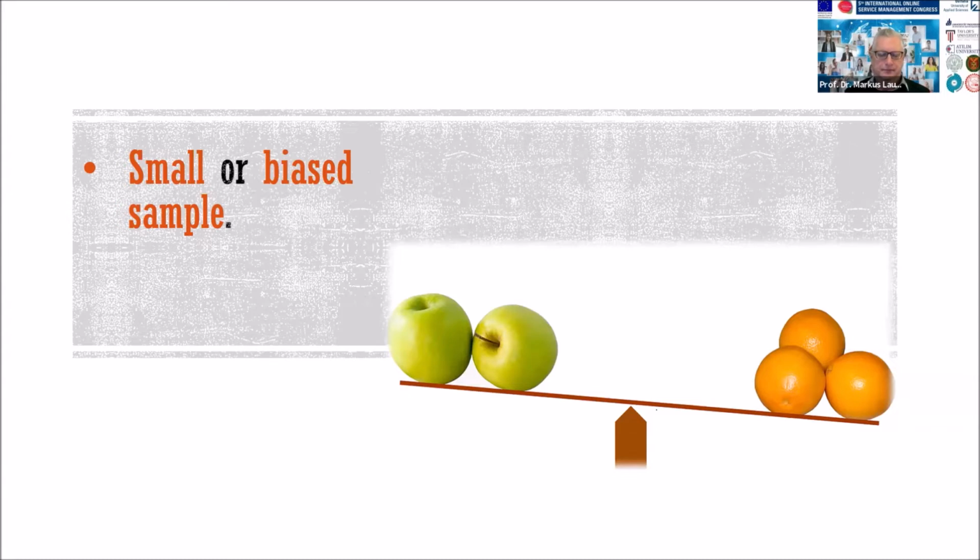This is the same as with data collected from individuals. If the sample is not balanced between male and female, or if you are collecting data from undergraduate students, the year of study should also be balanced, and this is very important.